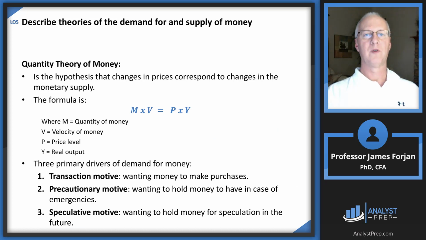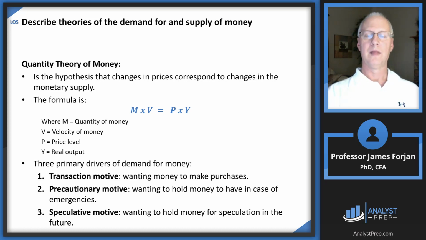How about theories on the demand for and the supply of money? The quantity theory of money has a hypothesis that suggests changes in prices correspond to changes in the money supply. And this makes perfect sense. The formula is M times V equals P times Q, where M is the quantity of money, V is velocity.